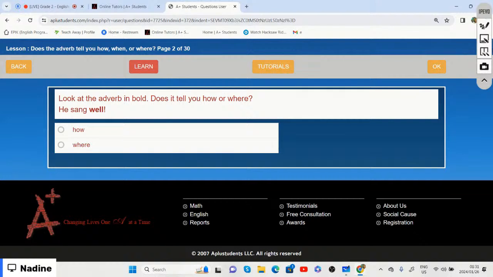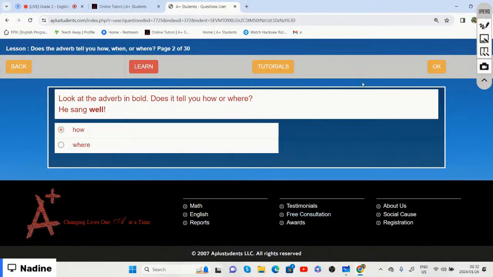All right. So look at the adverb. Does it tell you how or when? We said it tells you how well. He sang well, which means that it tells us how. How did you sing?